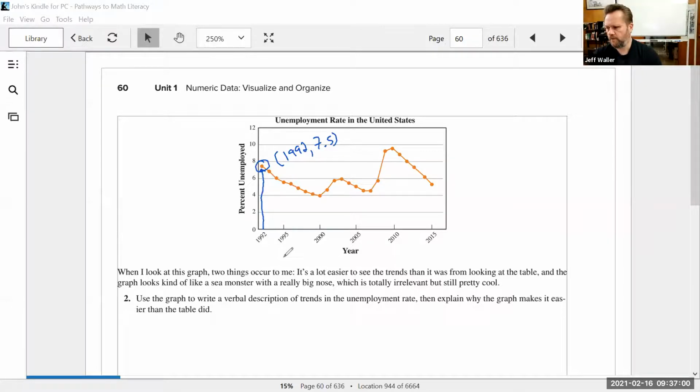So I think coming into this class, I do believe that everybody should be able to plot a point on an XY plane, correct? So if I gave you an XY plane, 1, 2, 3, 4, and so forth.